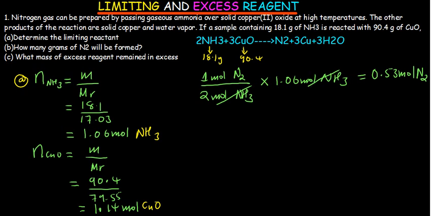What if we use the moles of copper oxide which are available? We're also going to say, from the balanced chemical equation, that for every 1 mole of nitrogen, we are supposed to use 3 moles of copper oxide. Then we multiply by the number of moles of copper oxide which are available, and that is 1.14 moles of copper oxide.